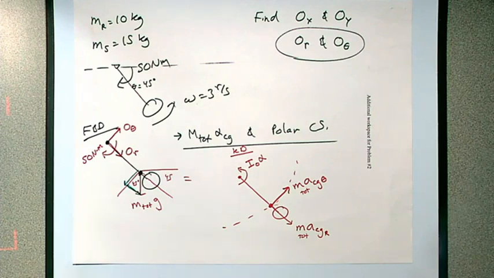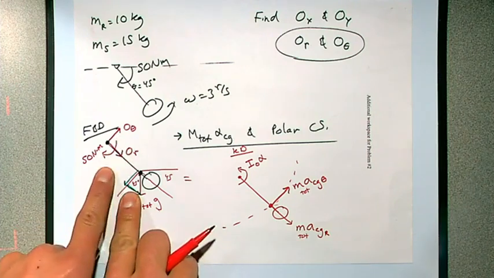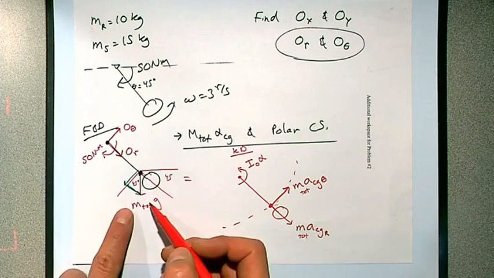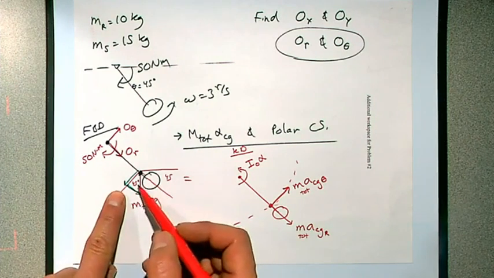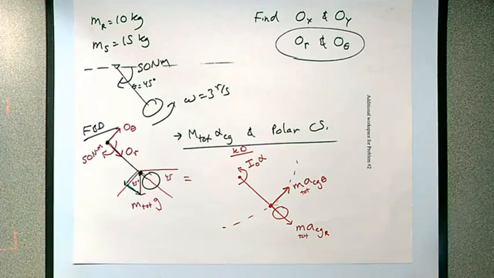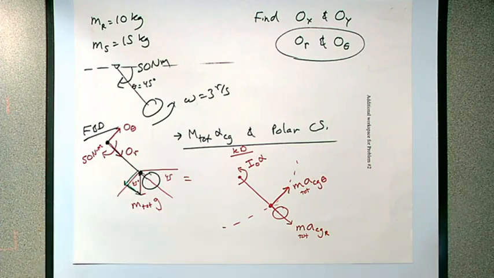Sum of moments about A. All right, what do I got? Reaction forces that don't do anything. External moment in the negative, minus 50 newton meters. I got an mg, but I only have this cosine component that's so far away, so it's fighting me. Minus m total g cos theta, and its moment arm is x cg. That's equal to I sub O times alpha.